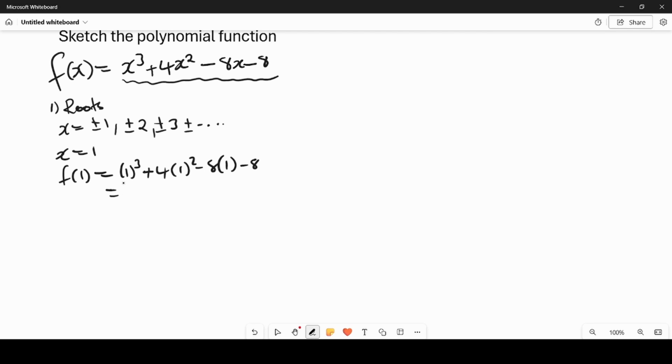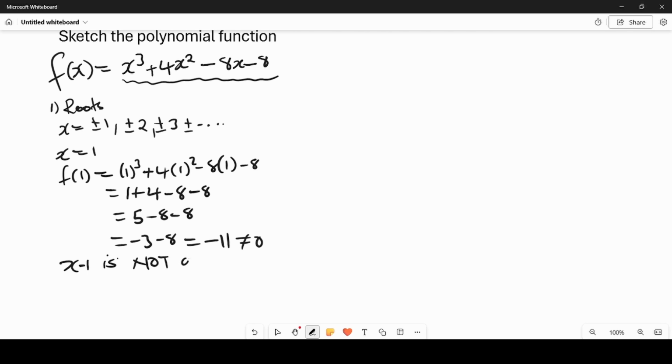So this is 1 plus 4 minus 8 minus 8. This is 5 minus 8 minus 8. This is minus 3 minus 8, which is going to give you minus 11, which is not equal to 0. So x minus 1 is not a factor.